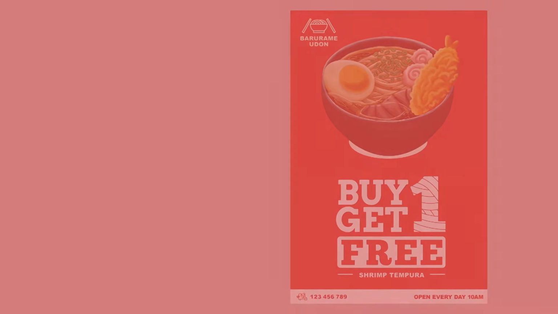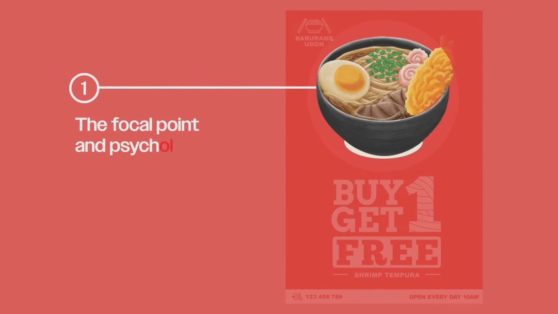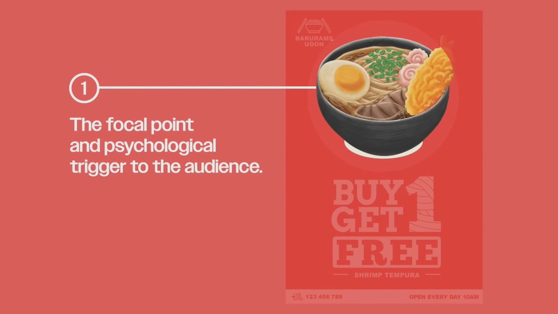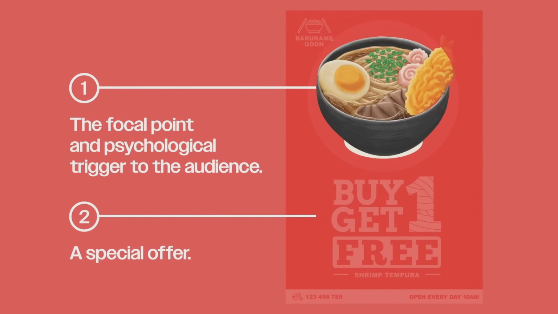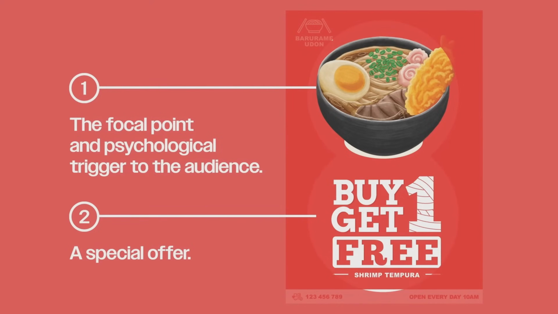Firstly, the ramen itself will be a good focal point and psychological trigger to the audience. It's kind of like bait, if you will, a lovely delicious bowl of noodles. Viewers will start their journey at the top and then move down to the information of the offer. So they see the thing they want and then they see there's an actual offer on it. It's a quick two-step psychological process.